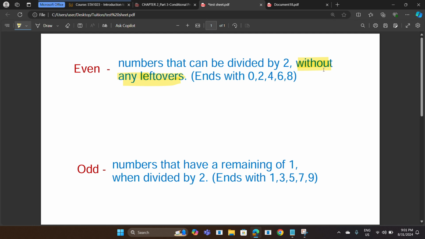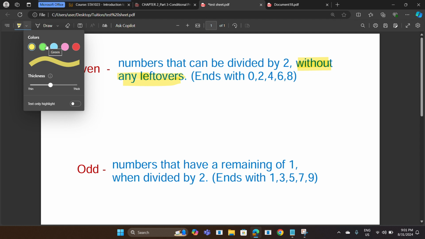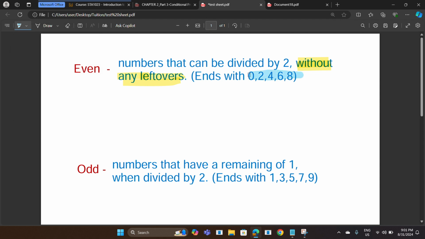And another specialty of these even numbers is that they end with one of these 5 numbers. What are they? 0, 2, 4, 6 and 8.